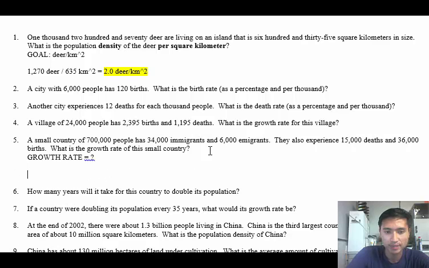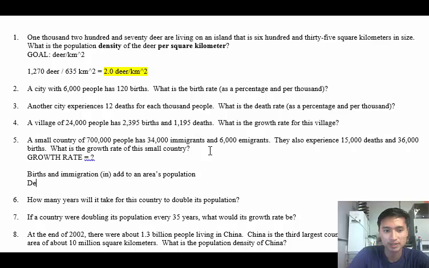So remember that births and immigration with an I, remember that's for in, add to an area's population, while deaths and emigration with an E, like an exit, subtract from an area's population.